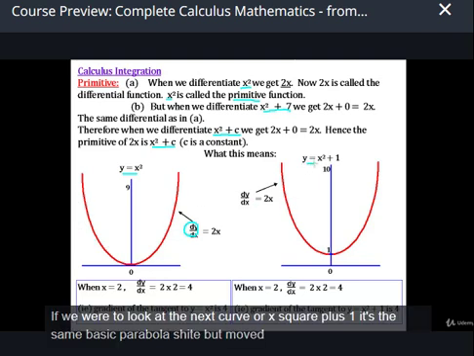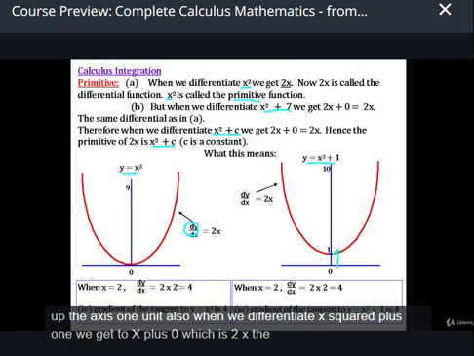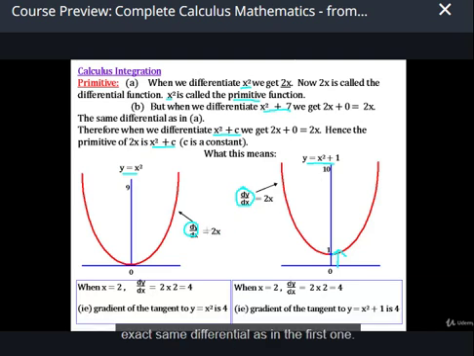If we were to look at the next curve, y equals x squared plus 1, it's the same basic parabola shape but moved up the axis 1 unit. Also, when we differentiate x squared plus 1, we get 2x plus 0, which is 2x, the exact same differential as in the first one.